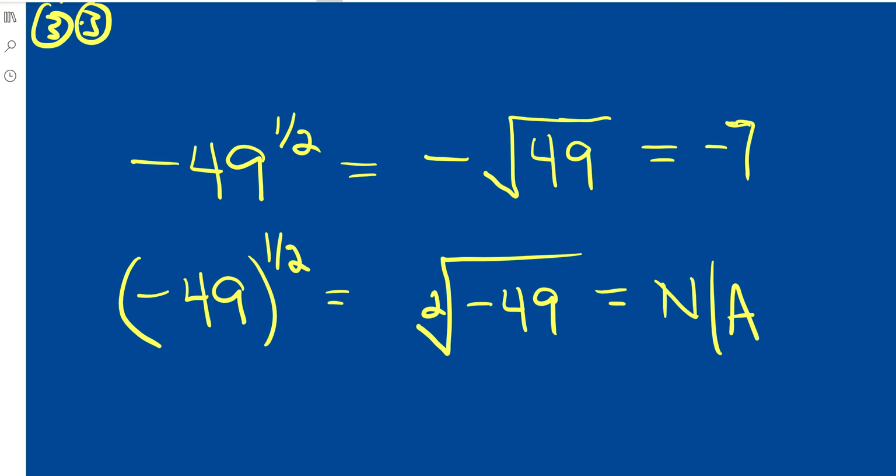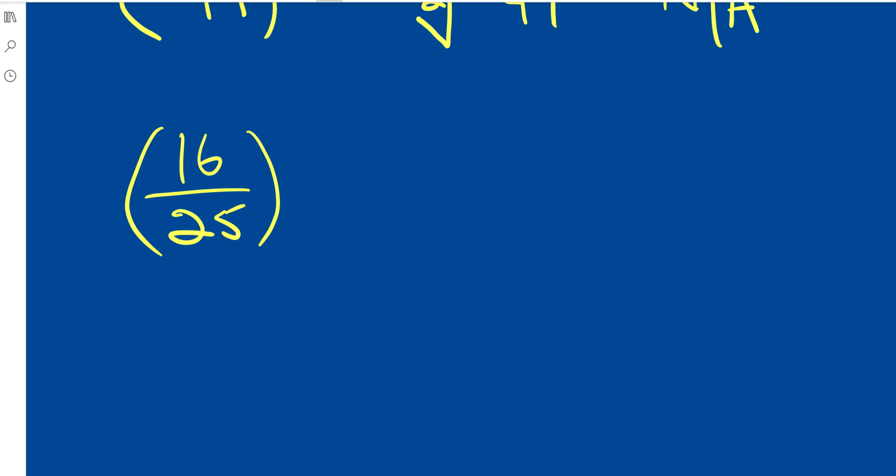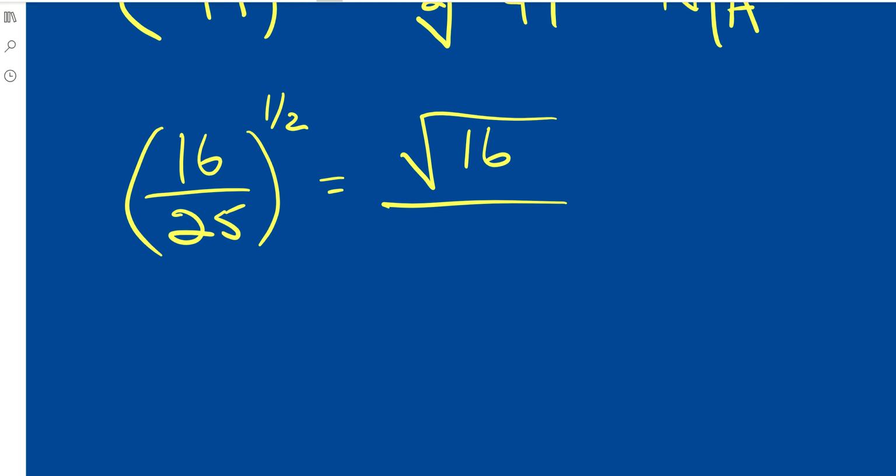Okay, and one more. One more is 16 over 25 in parentheses, and that's raised to the 1/2 as well. So now this one you can, if you like, separate it, and you could write this as the square root of 16 over the square root of 25.